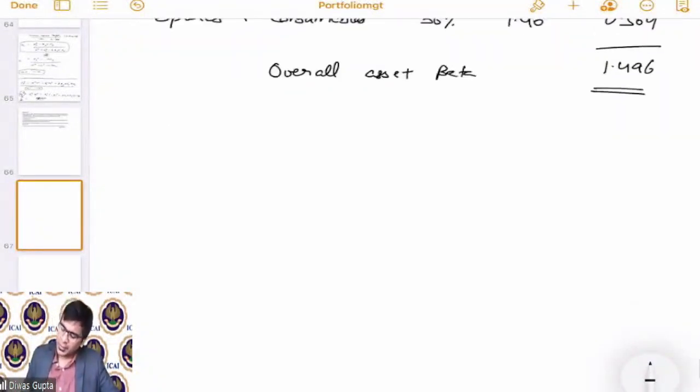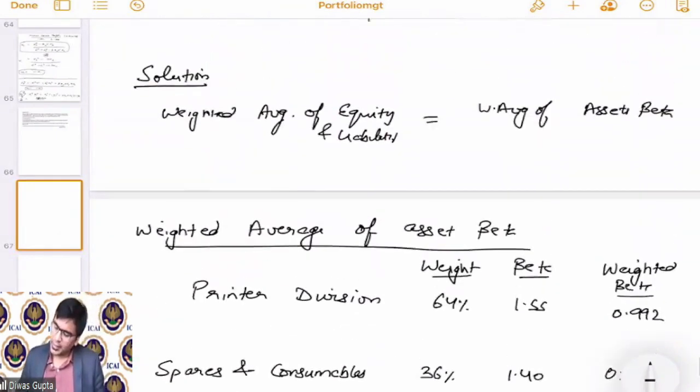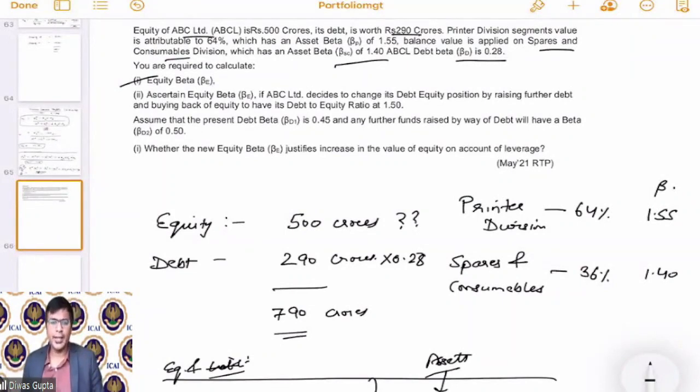Now we also know that 1.496 is equal to... let the equity beta be x, because we have to form this equation. So x multiplied by the proportion of equity in the overall investment.